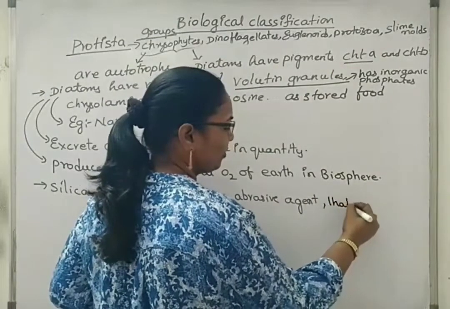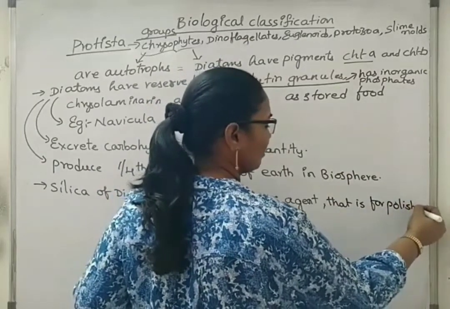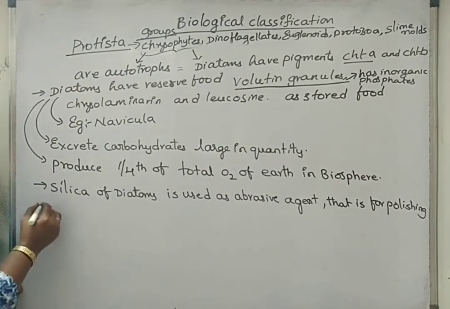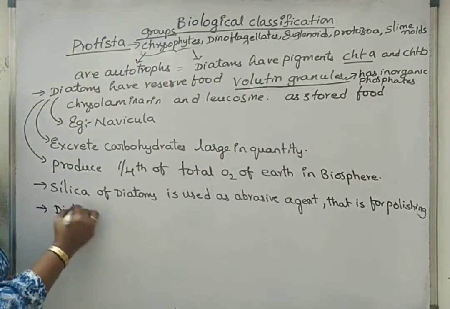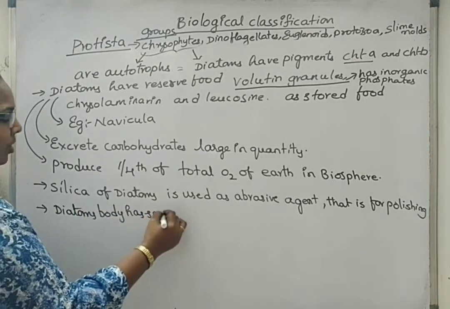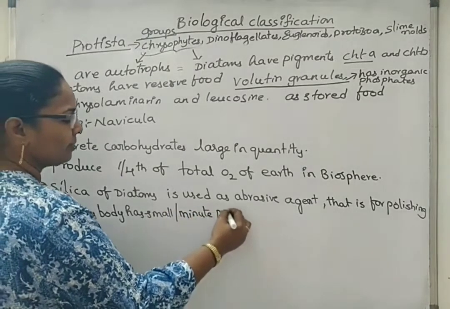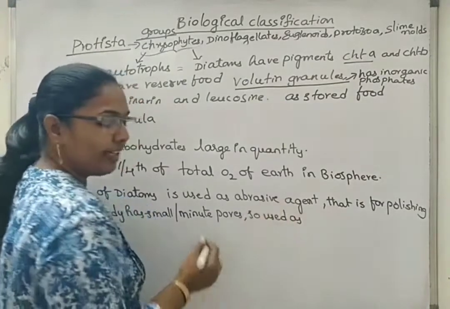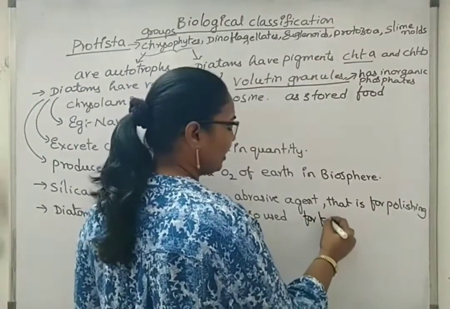That is used for polishing. Diatom bodies also have small or minute pores, so they are used as filtering agents or for filtration.